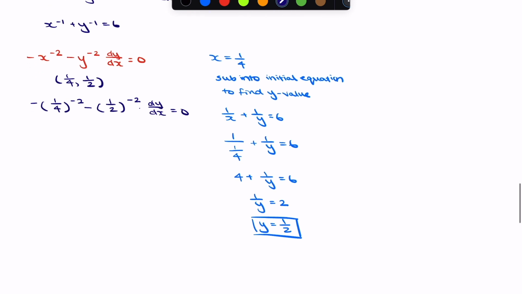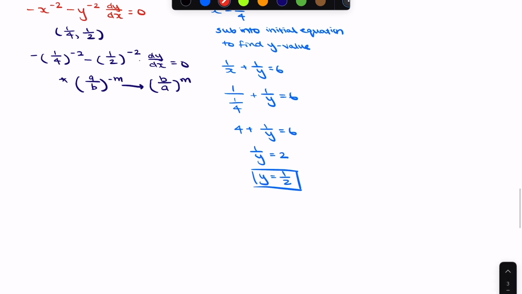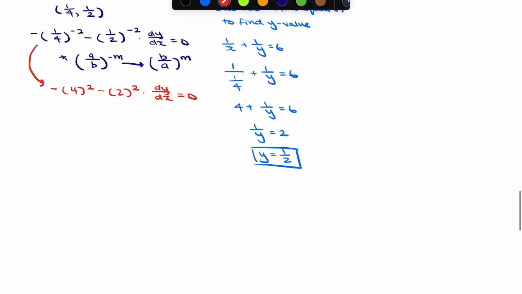So remember, if there's a negative exponent in a fraction, a over b to the power of negative m, we can rewrite that as b over a to the power of m. And so we can rewrite it as negative 4 to the power of 2 minus 2 to the power of 2 times dy over dx is equal to 0.